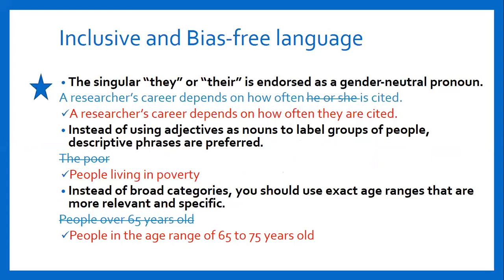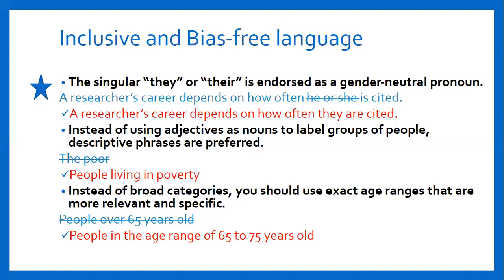And a few words about inclusive and bias-free language. APA now endorses the singular "they" or "their" as a gender neutral pronoun. And instead of using an adjective as a noun to label groups of people, you use a descriptive phrase instead. Rather than saying "the poor", you say "people living in poverty".